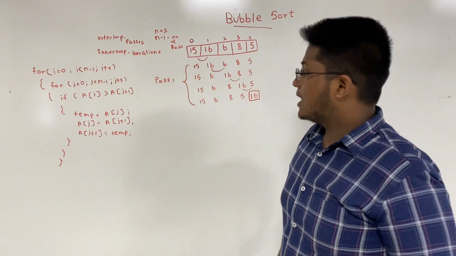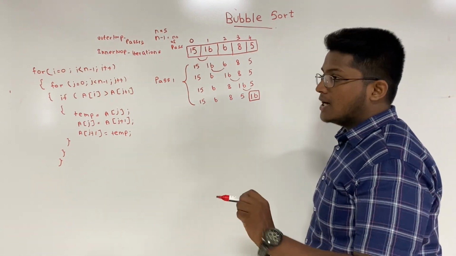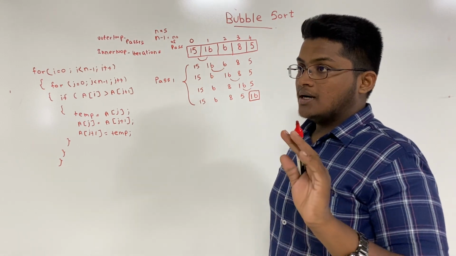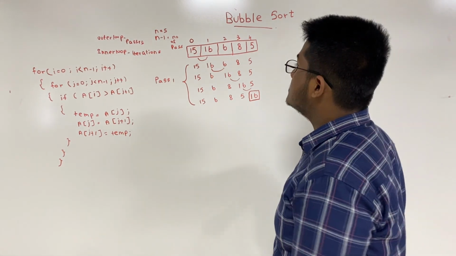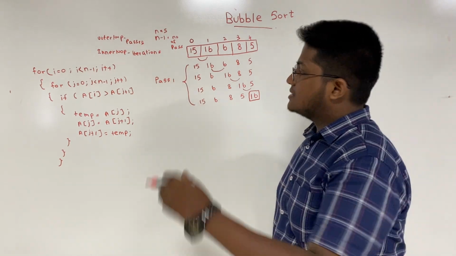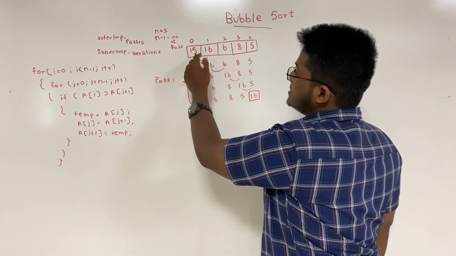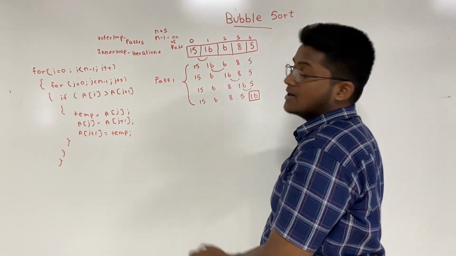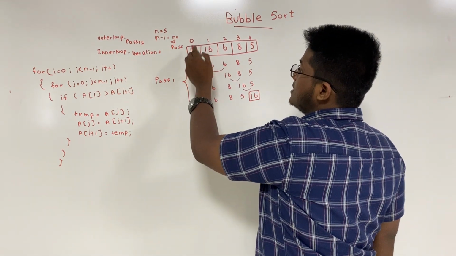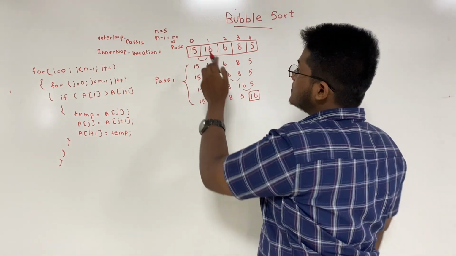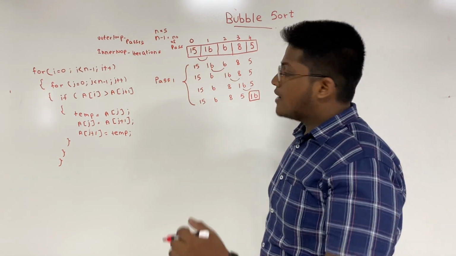In bubble sort, you must know one thing: if the 0th element is greater than the next element, then you have to swap. You have to swap like this.